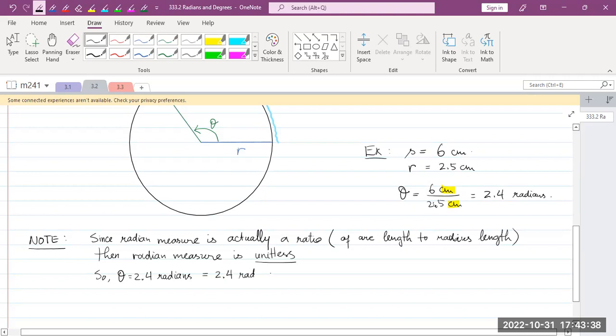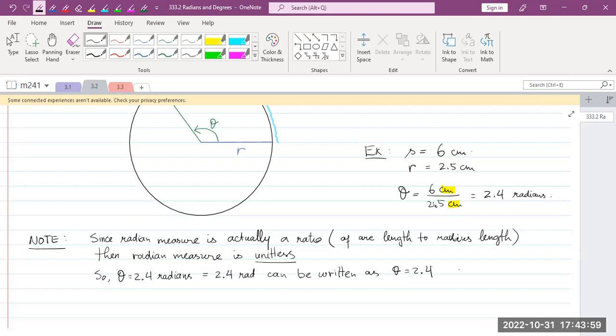It can be written as theta equals 2.4 only. You don't need to write the radians anymore. You can just write theta equals 2.4, and it is understood that it is in radian.